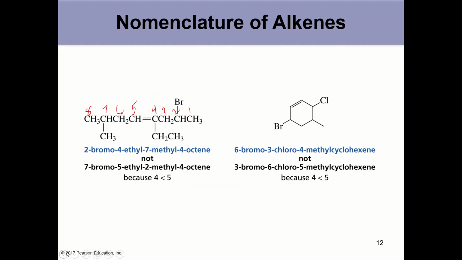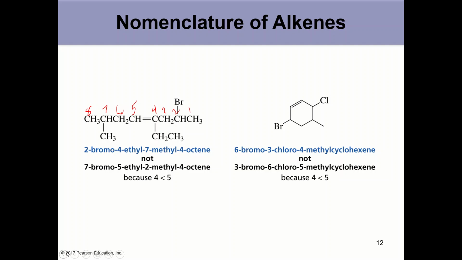All right. So this is a case where the numbering is the same from either direction. From either direction, the pi bond would be at carbon 4. And we have a total of 3 branches: bromine, ethyl, and methyl. We're going to number so that the total number of branches has the lowest possible number, given that the pi bond has the same number from either direction.